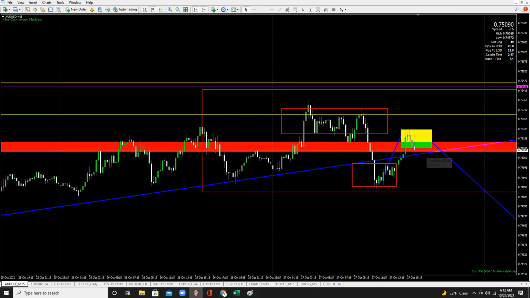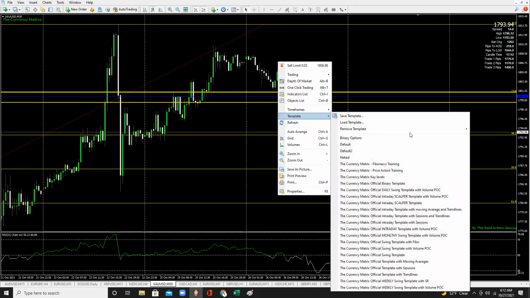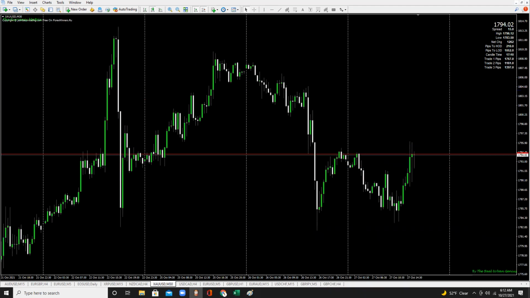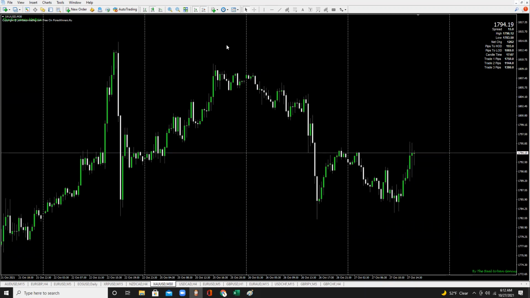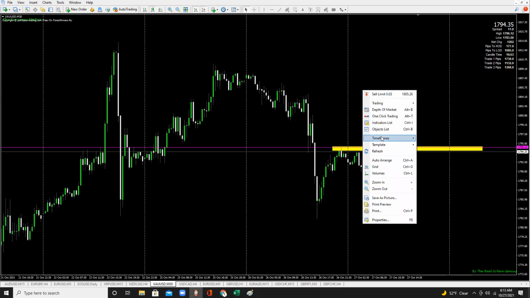Aussie USD here. Gold should be getting ready to turn and fall. We look here at the structure. We got a peak off the trend here. So right off the bat, we can see this area being a resistance area.